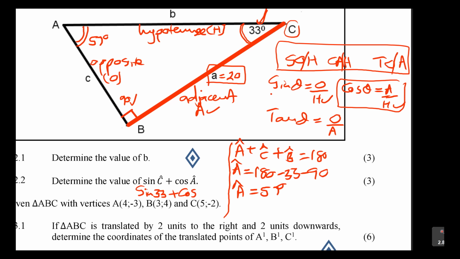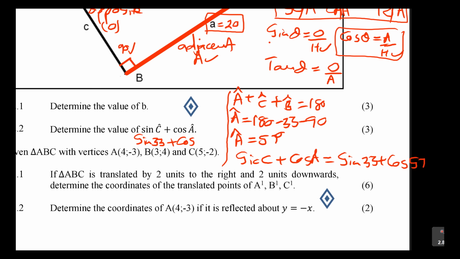Now if they're saying determine the value of sine C plus cos A, I now know sine C plus cos A, which is sine 33 plus cos 57. That's all they wanted you to do there. First find A and then solve that.